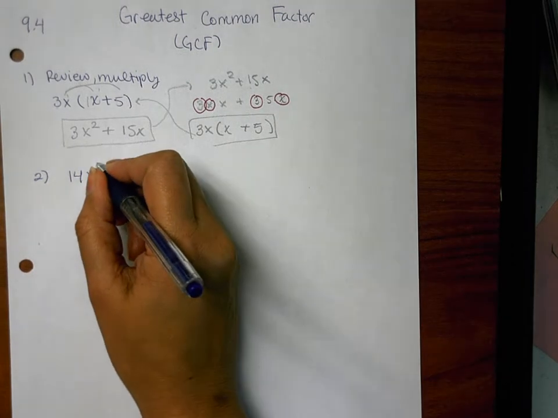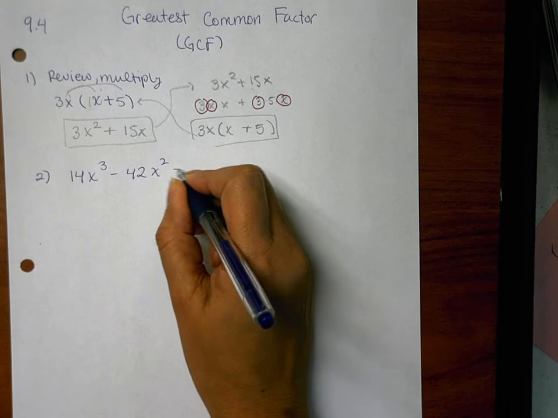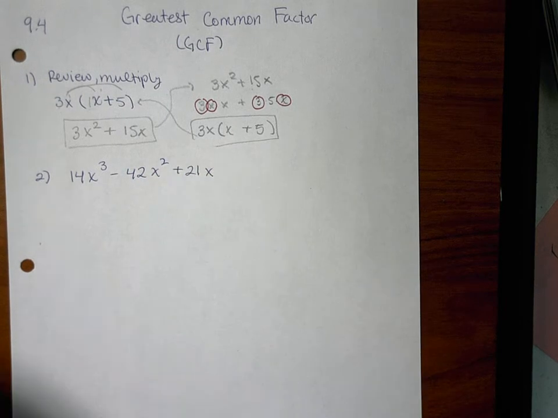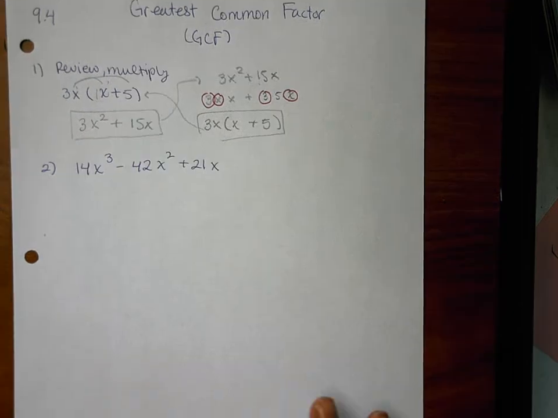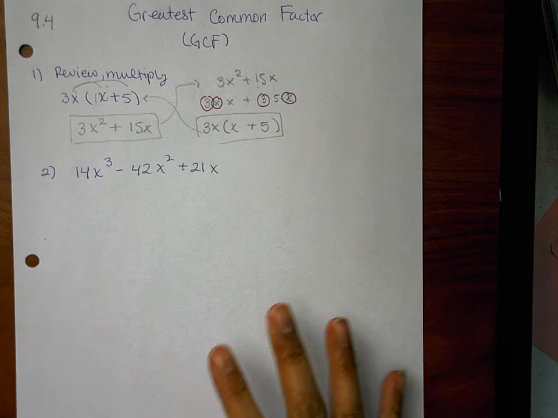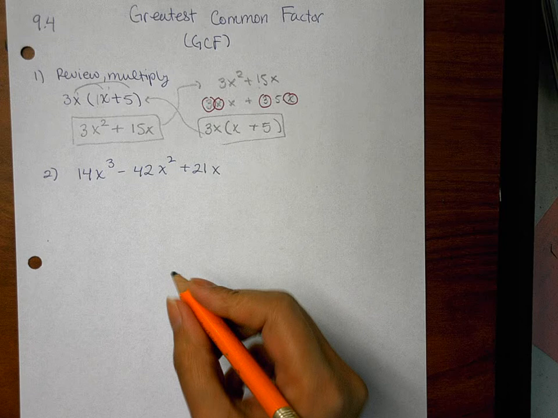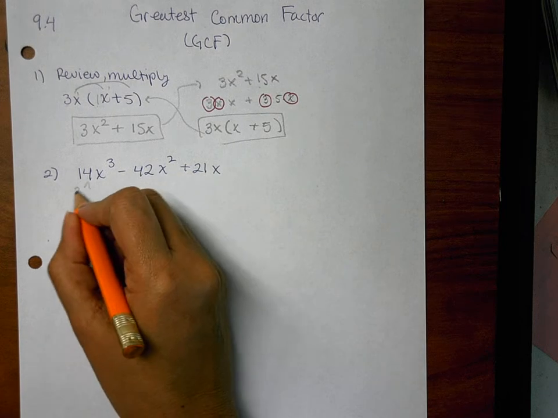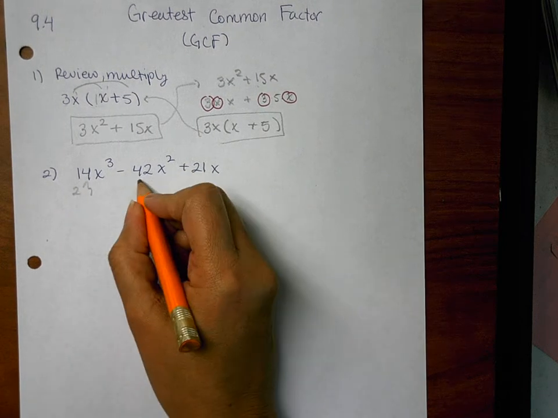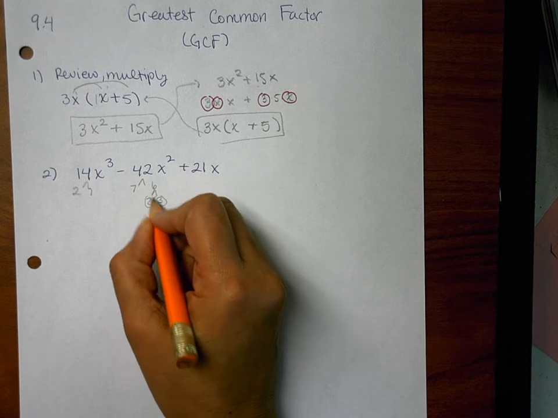Number 2, 14x to the third minus 42x squared plus 21x. Okay, and I am going to show you different ways of doing it. First way, I'm going to continue showing it using the factors. You break down the 14 to 2 and 7, 42 to 7 and 6, and 6 to 2 and 3.